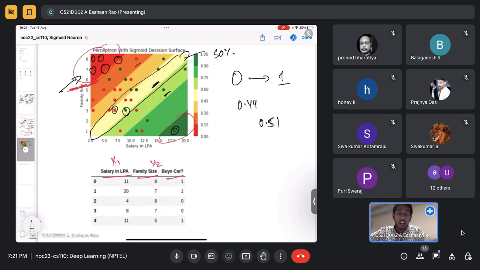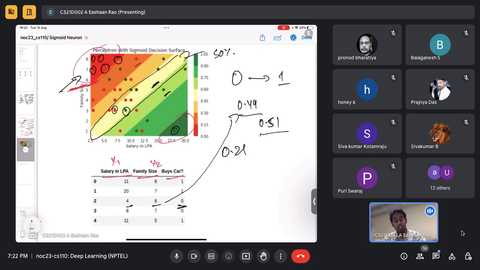Because of this, I can, at least via regression, tell that, okay, if I have maybe 4 lakh LPA and a family size of 8, I'm getting a probability of, maybe I will give a probability of 0.9. Or maybe 0.21. So I will say that my probability of buying a car will be less. So it is still fine.